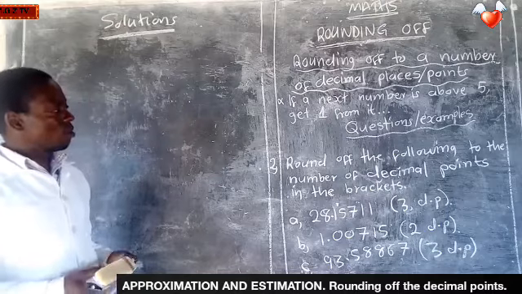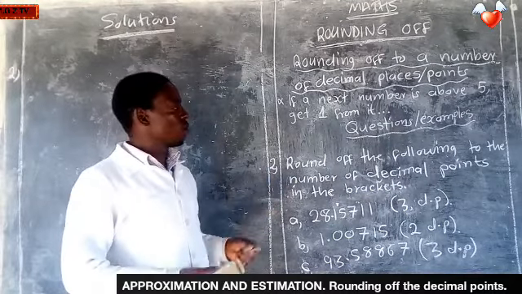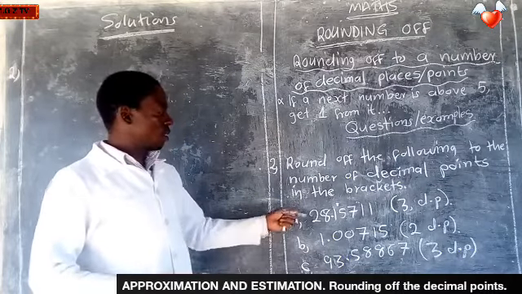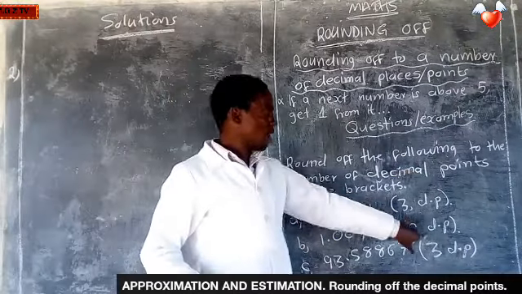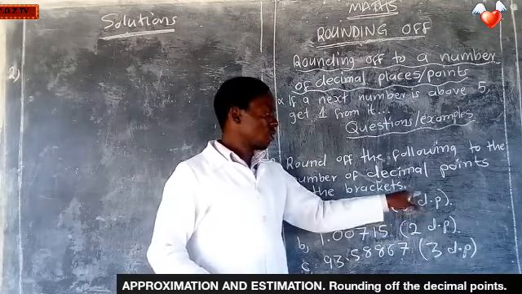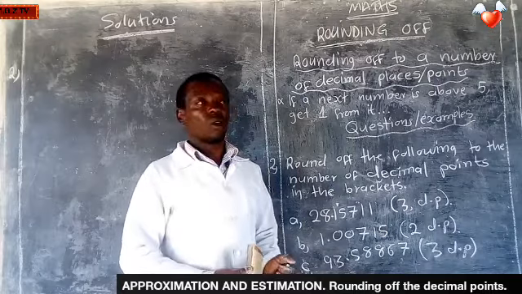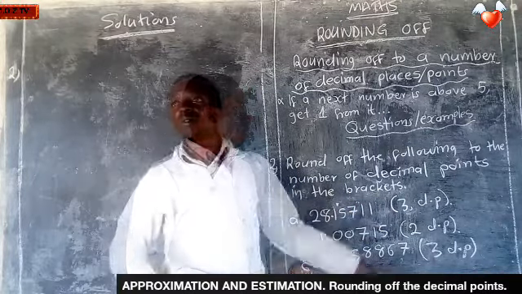So, for example, round off the following to the number of decimal points in the bracket. We have these 3 questions here, and inside the brackets there are conditions. These are the conditions, the commands that you need to follow. Is that clear?